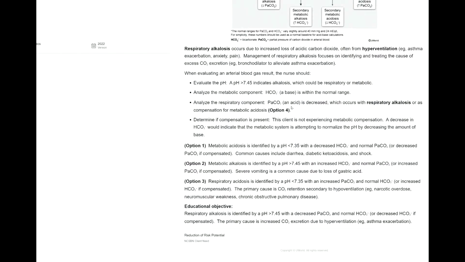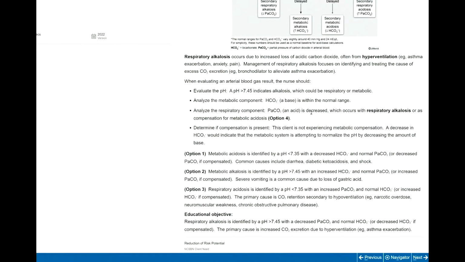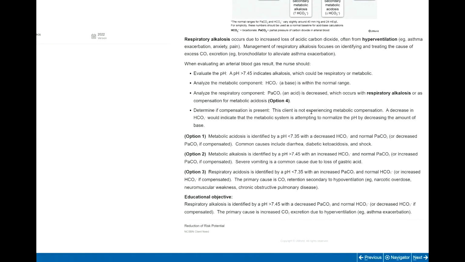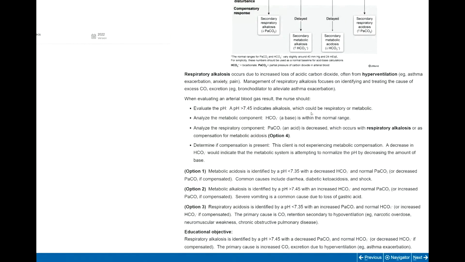And then when we look at our respiratory component, we have CO2, which is acidic, is decreased, and that brings us to respiratory alkalosis. So we'd also want to determine if there's any compensation present. This client is not experiencing any compensation. If the bicarbonate was to decrease, then they would be, but it is not, so therefore we know we are just in primary respiratory alkalosis.